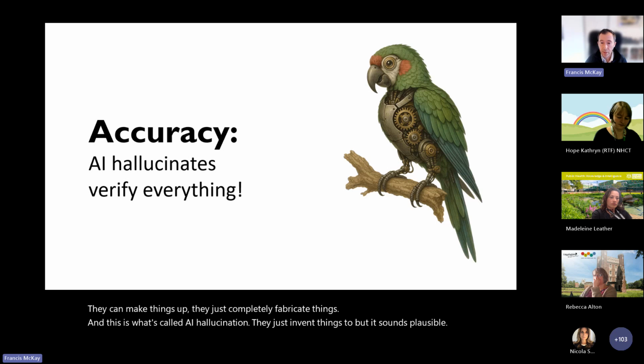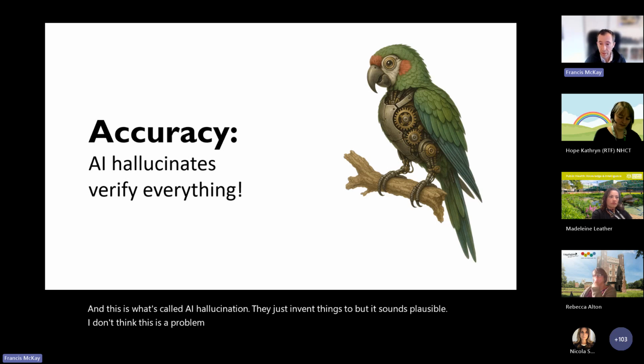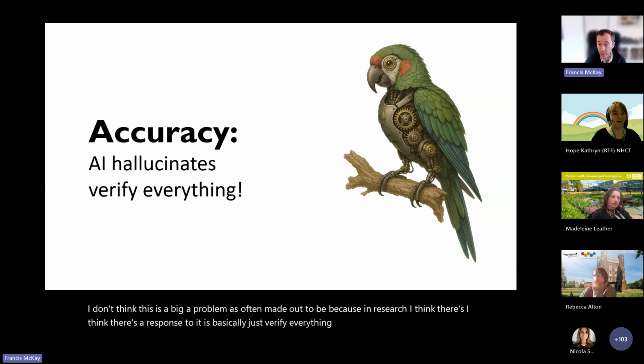I don't think this is as big a problem as it's often made out to be, because in research the response to it is basically that you just verify everything. And as a researcher, I feel like that's my duty anyway.